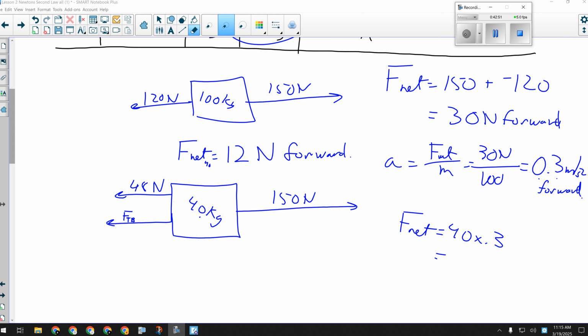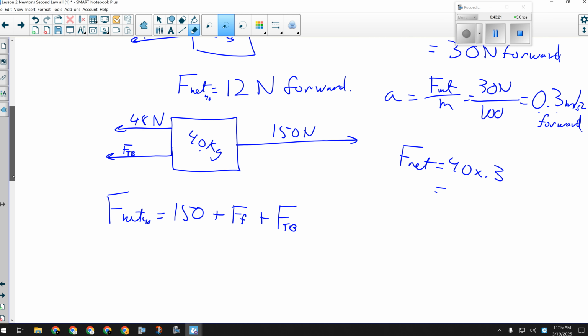So can I say that F net on the 40 kilogram block is 150 newtons forward, the tension in that first rope, plus the force of friction, that's 48 newtons, plus the tension in rope B? Those are the three forces acting on the 40 kilogram block. I know what they add up to, and I know 3 out of the 4 quantities.